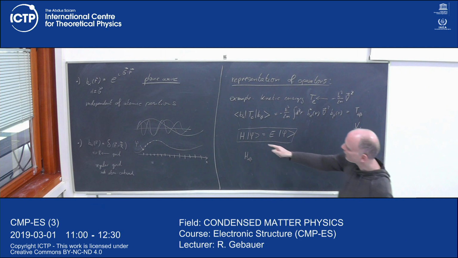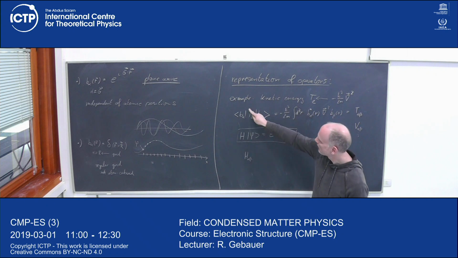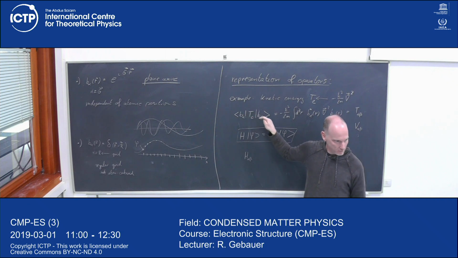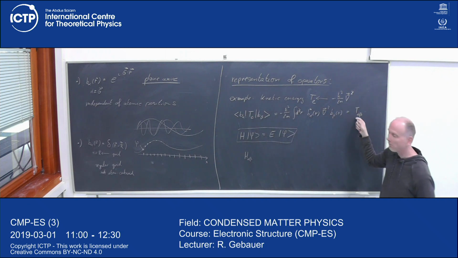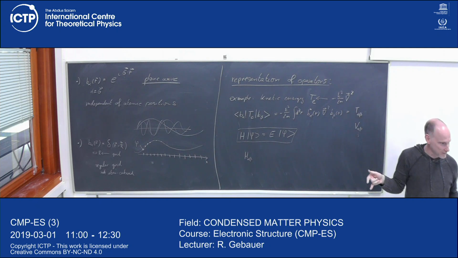So your Hamiltonian, which here is an operator, becomes a matrix of numbers. Okay? So this is an operator. But the scalar product to the left with the basis function, to the right with the basis function, this is a number. Okay? And the set of all these numbers, T, gives you a matrix.